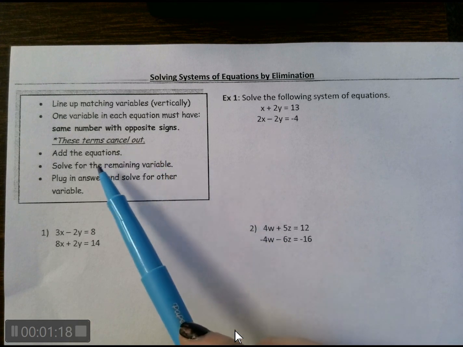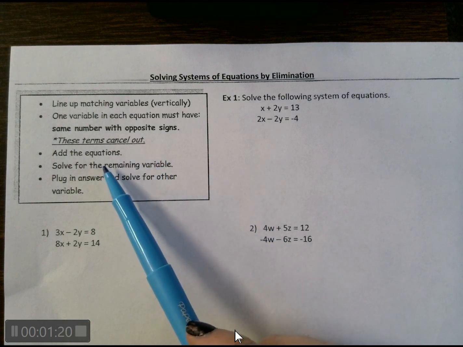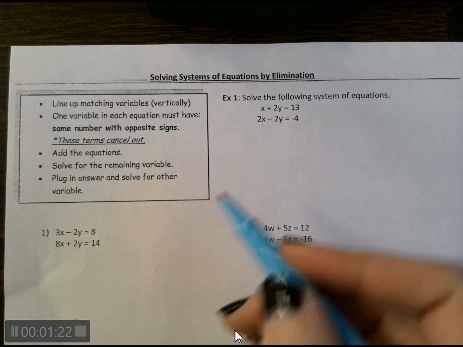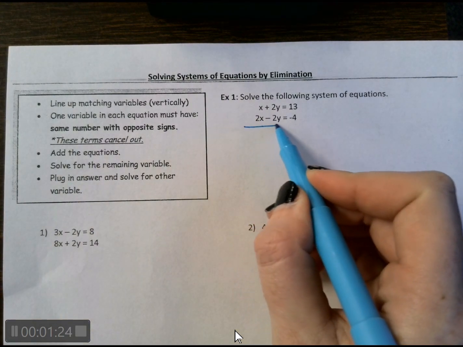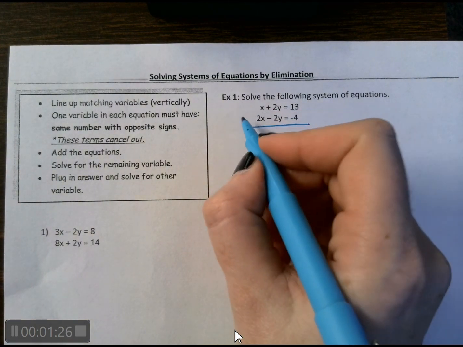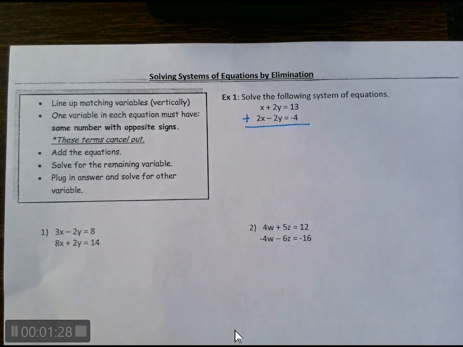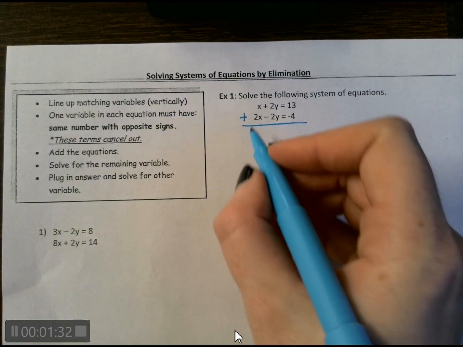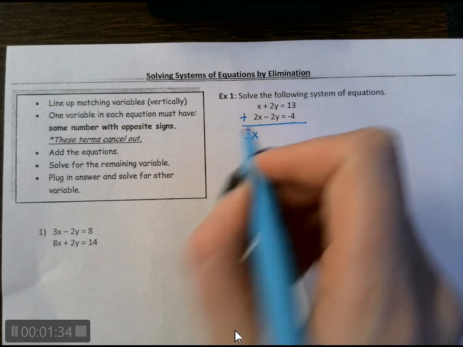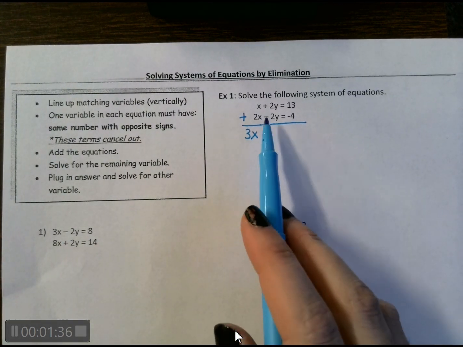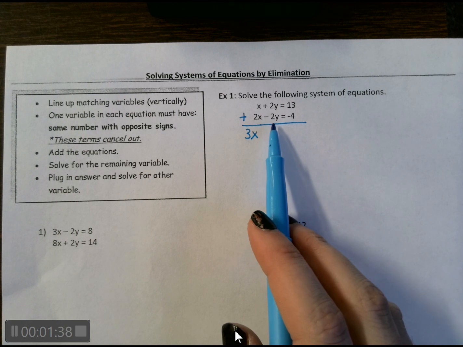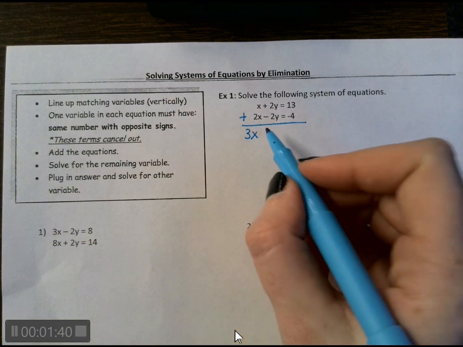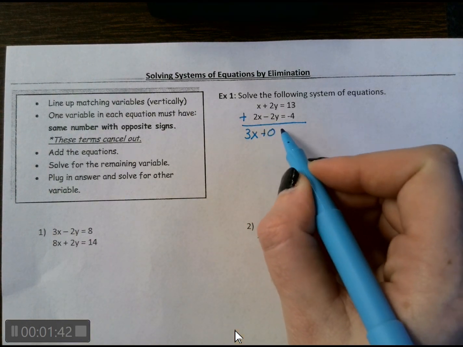Then it says we are going to add the equations. So what this means is that we are going to draw our line, and we are just going to add. So what is x plus 2x? That's going to give us 3x. And then we have 2y plus a negative 2y, which is going to give us 0.